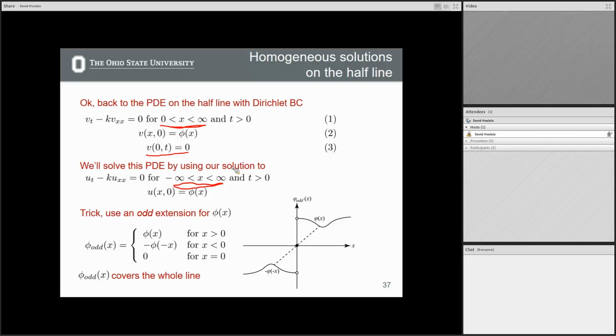Say, for instance, we have some sort of initial temperature profile phi of x. The odd extension is writing basically the complement to this for x less than 0.